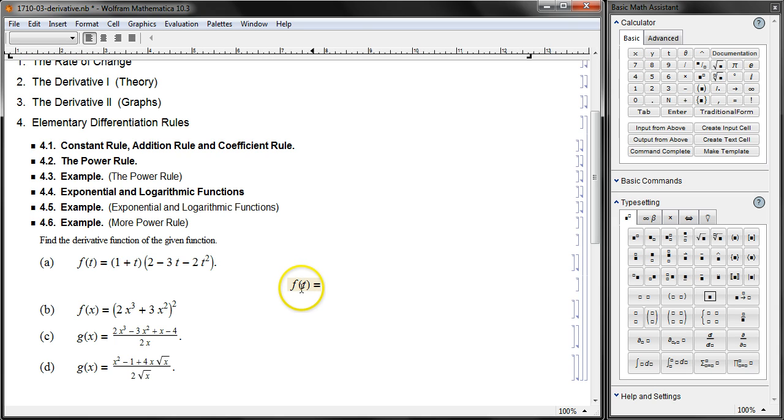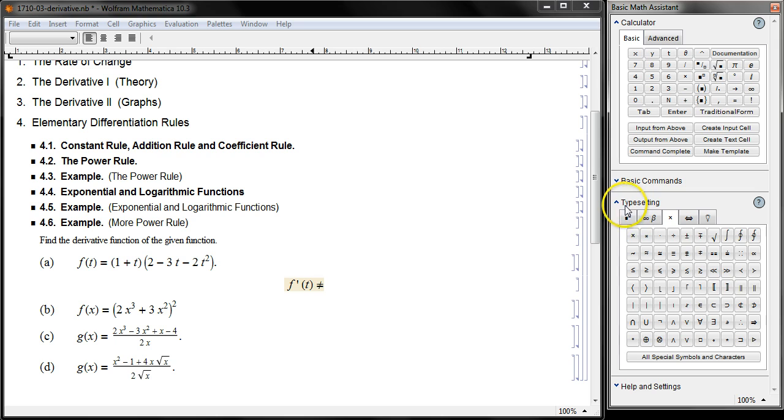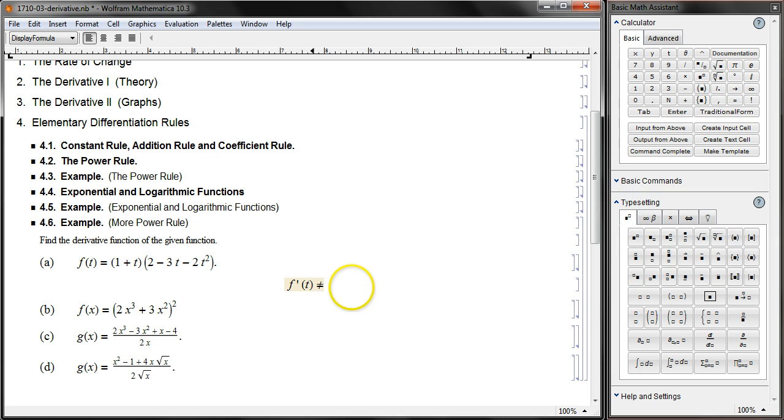So the derivative is not equal to the derivative of the first function times the derivative of the second function.